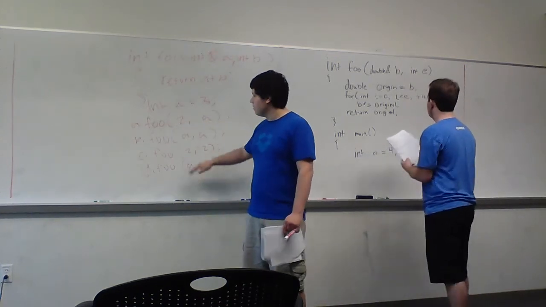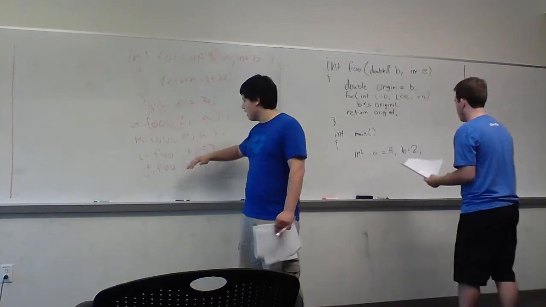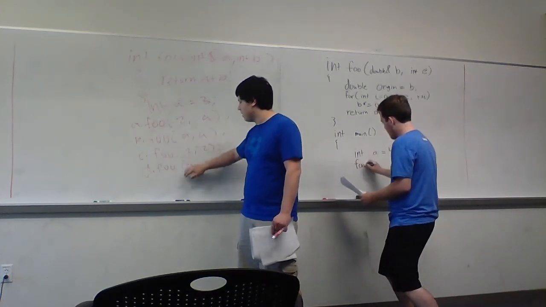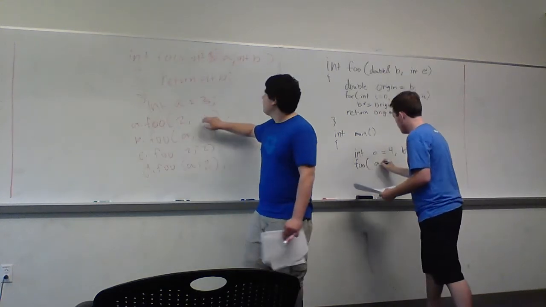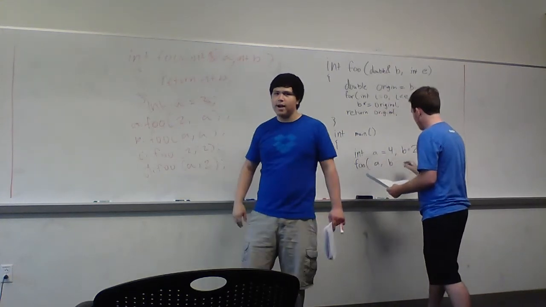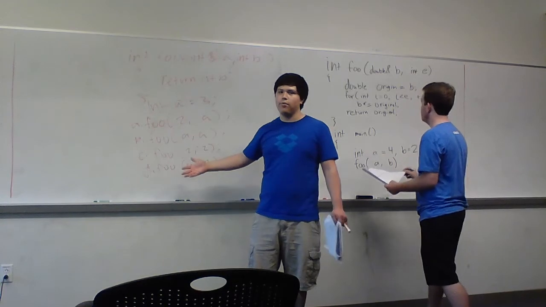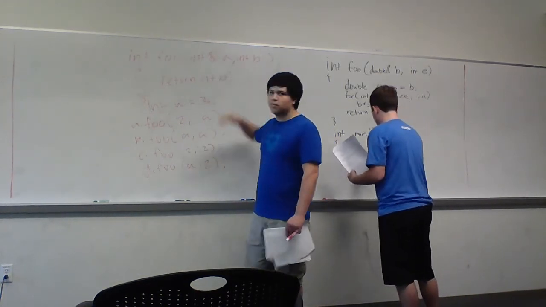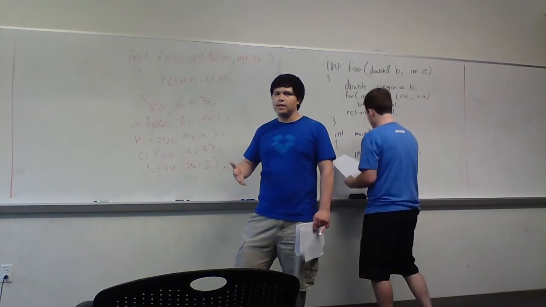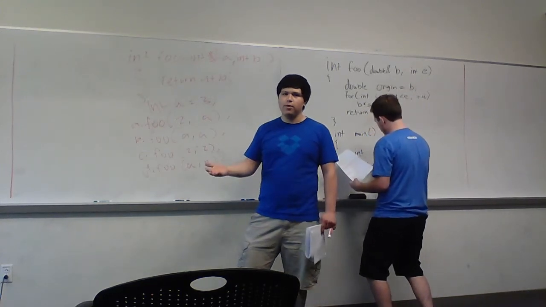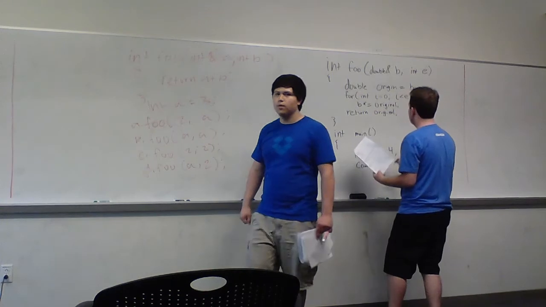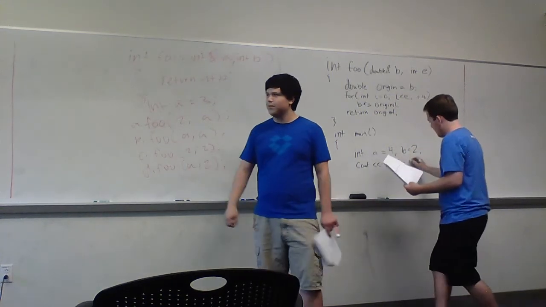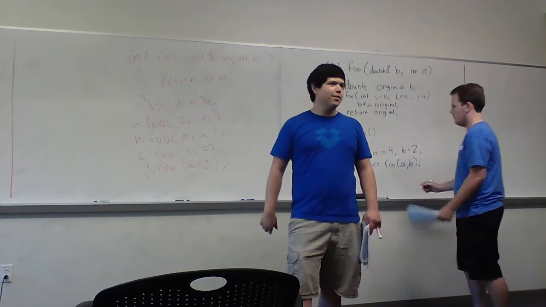So this one would be an error, and C would be an error, but B and D would be okay, because if I'm expecting an integer by value, I can pass in either a variable or a literal, like 2. Any questions on this?